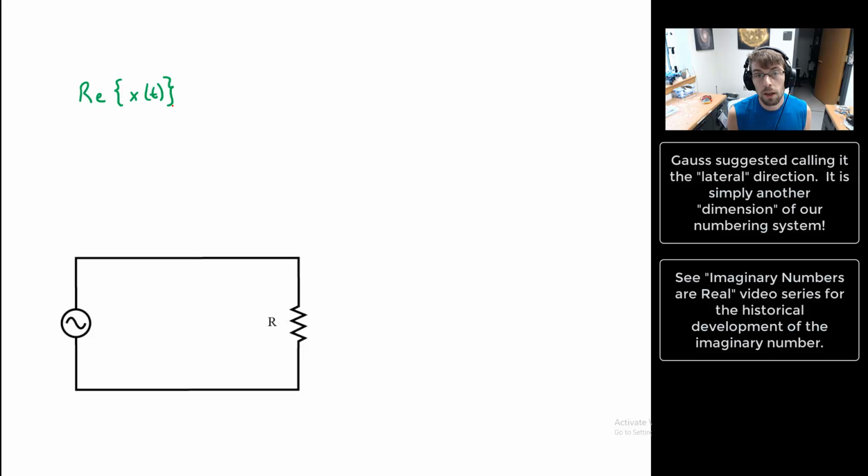What we want to figure out, like always, is the relationship between the applied potential and the potential across the resistor, or the current through the resistor. That's basically the name of the game: find a relationship between the potential and the currents.